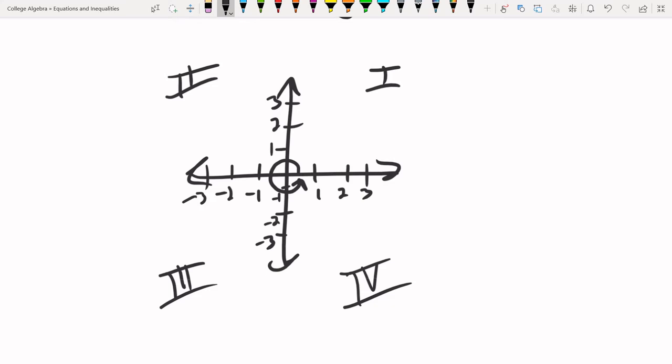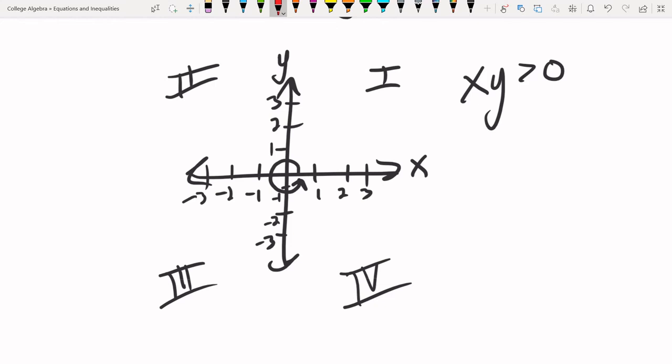For instance, if I were to ask, which quadrant has x times y greater than 0? X being the independent, horizontal axis, and y being the vertical, dependent axis. Now we can't assume we're on an axis, because when you're on an axis, one of x or y is equal to 0.